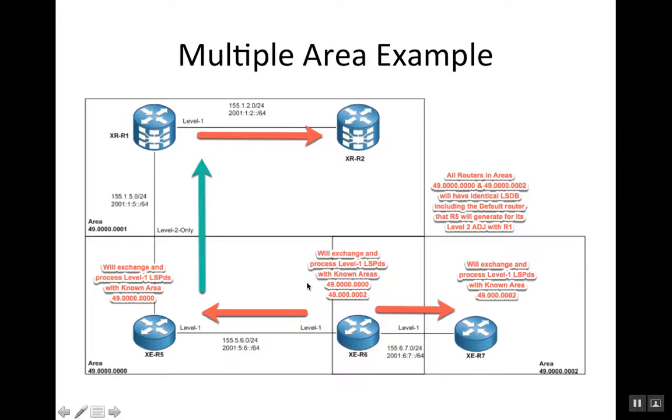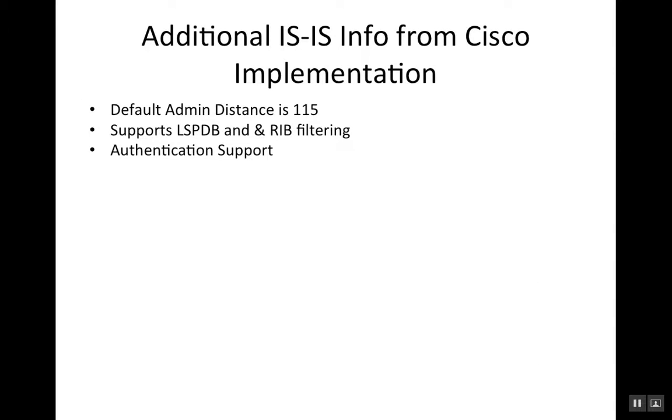So you can do additional security features to make sure that you don't accidentally form an adjacency with a device that you're not supposed to be forming with. It is sent in plain text, so that's something to keep in mind. It doesn't encrypt the actual message of the packet, so if somebody sniffs that packet with some kind of a sniffer, they can actually see that password.